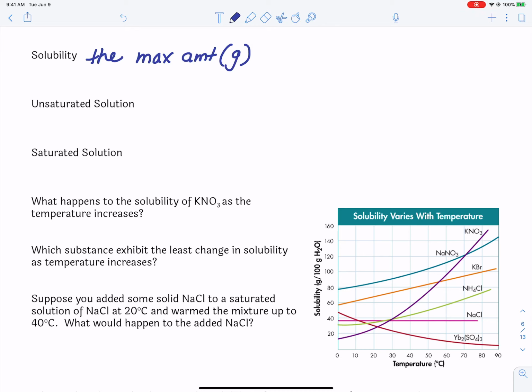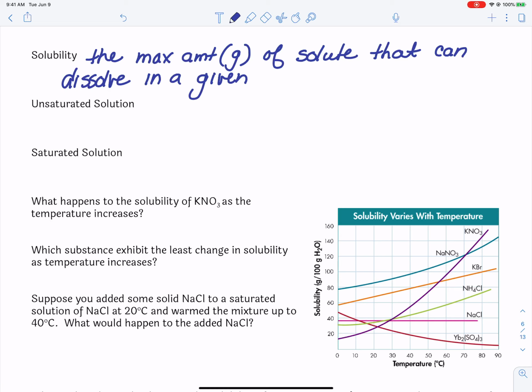So the maximum amount of solute that can dissolve in a given amount of solvent. And the given amount of solvent is usually 100 grams of water. Not always, but typically 100 grams of water.